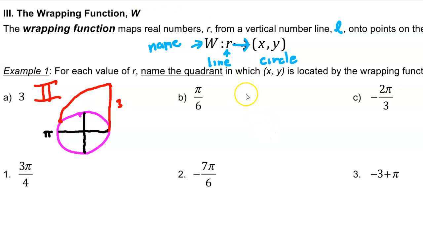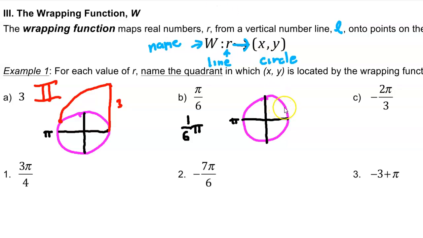All right. So just do a few more. Pi over 6. So intuitively, what quadrant is pi over 6 in? You might want to think of this as 1/6 of pi. All right, so if this is pi, once again, and you broke this whole thing into 6 parts, what quadrant would you land in?